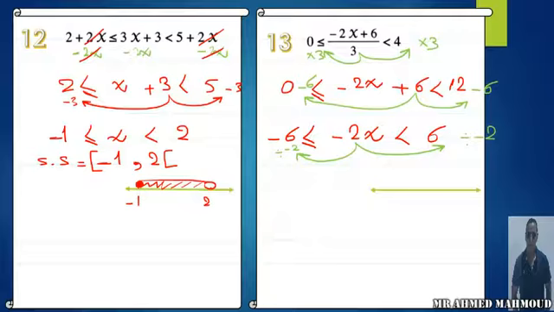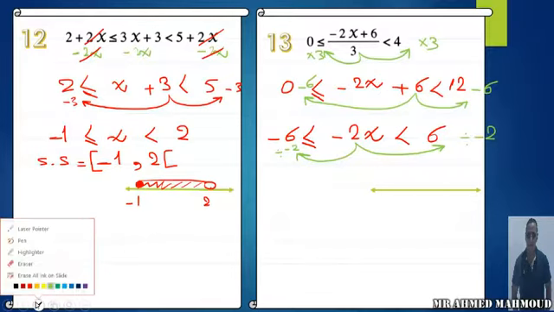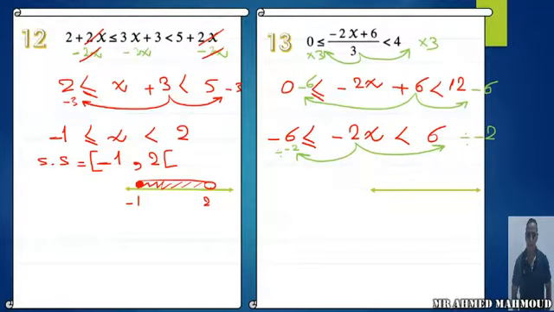Okay, 6 divided by negative 2 equals positive 3. Change the direction because we divide by negative. x greater than negative 3.